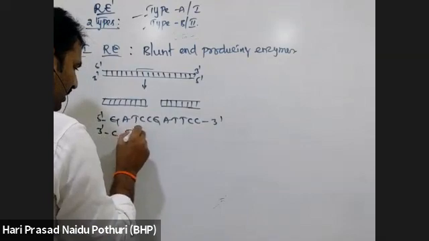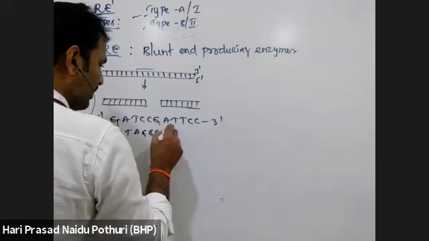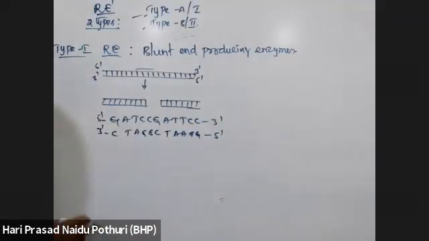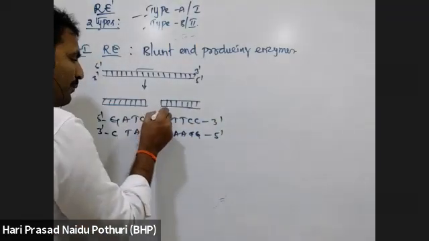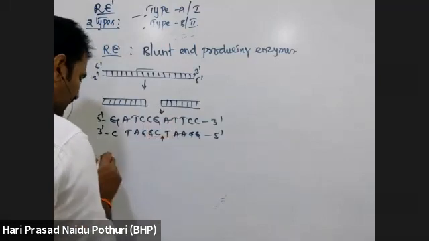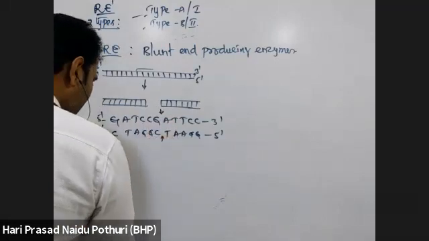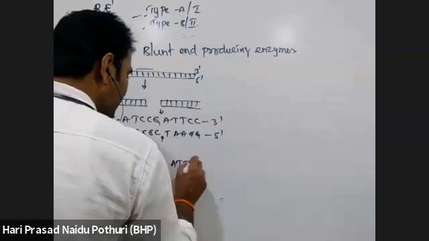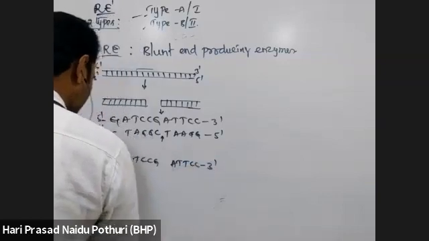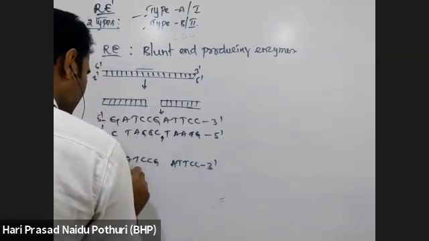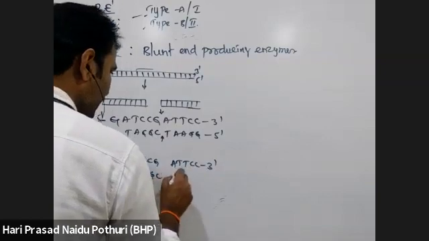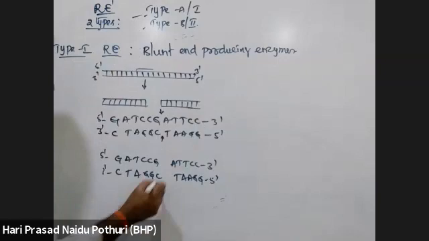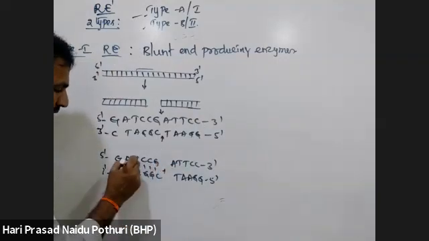C T A G G C T A G G, a sequence I wrote. When a type 1 restriction enzyme breaks the DNA molecule, G A T C C G A T T C C 3 prime, then 3 prime C T A G G C T A G G. See here, there is formation of two fragments.